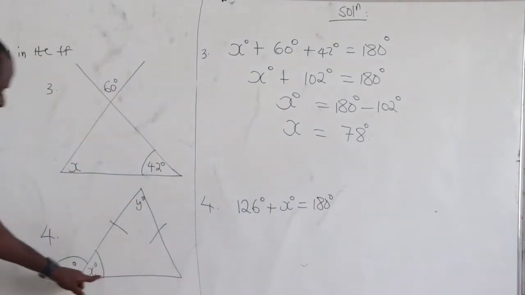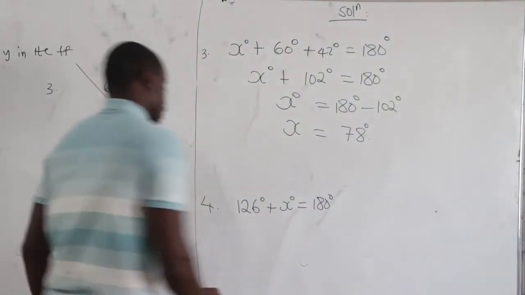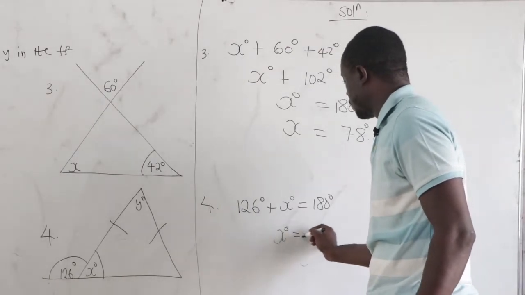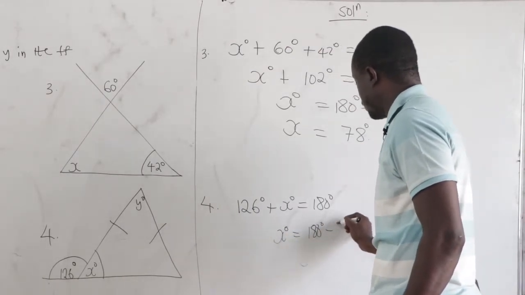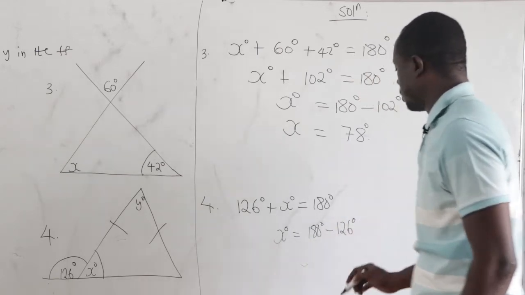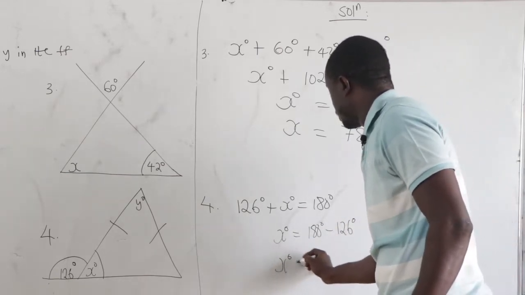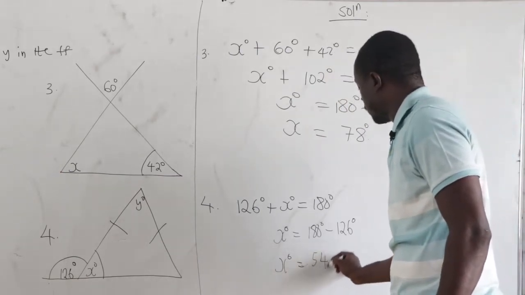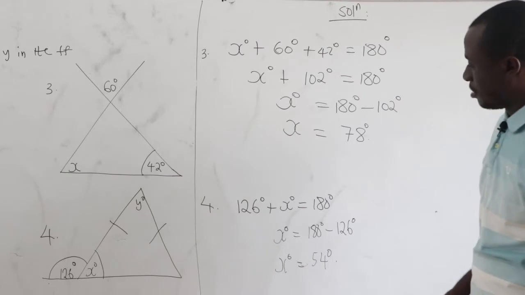Why? The sum of angles on a straight line equals that. Now, from here, what is our x? We have x degrees equal to 180 degrees minus 126 degrees. What is 180 minus 126? This is giving us 54 degrees.